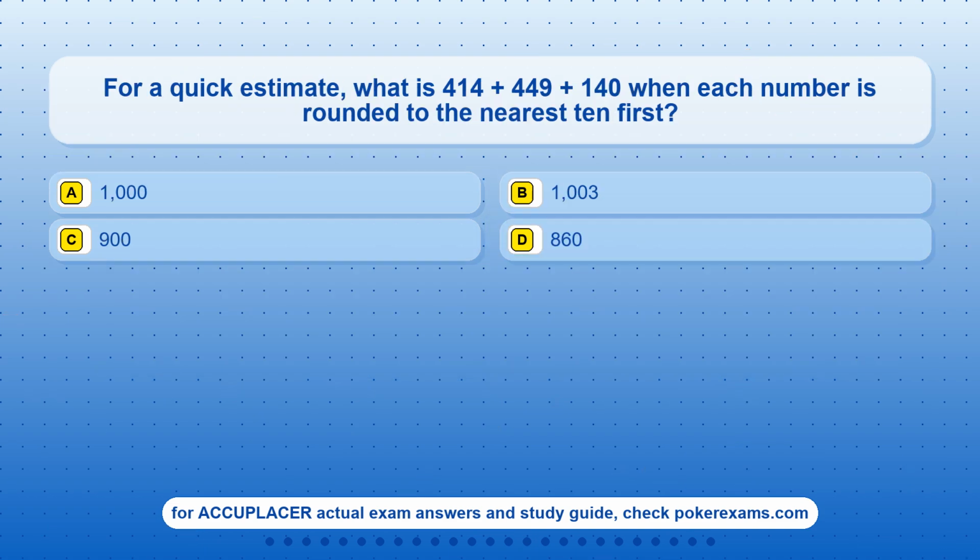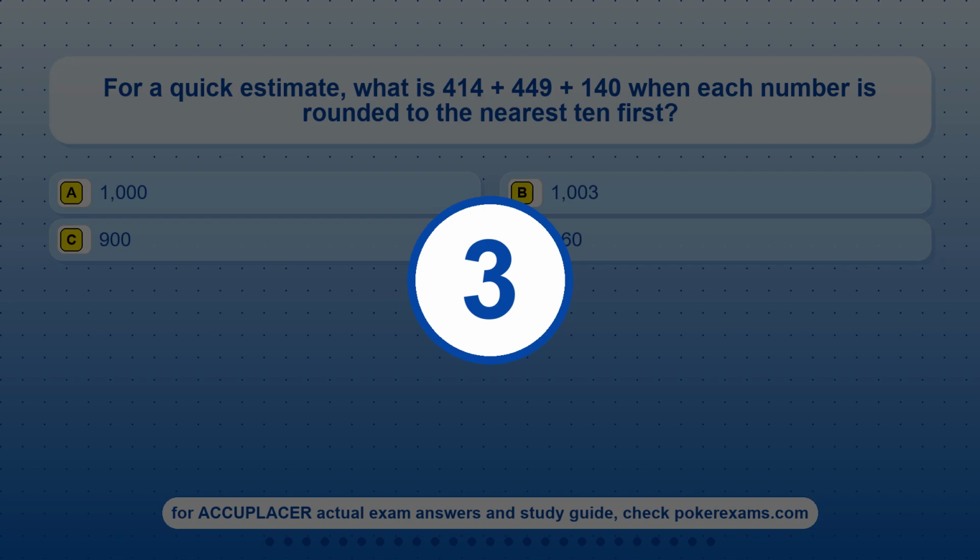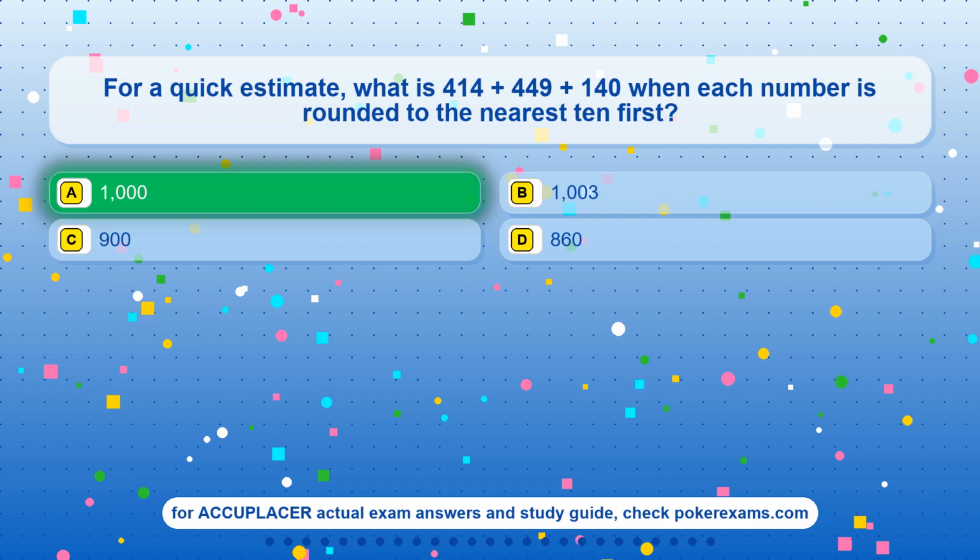Question 23. For a quick estimate, what is 414 plus 449 plus 140 when each number is rounded to the nearest 10 first? Option A, 1000. Option B, 1003. Option C, 900. Option D, 860. The correct answer is Option A, 1000.